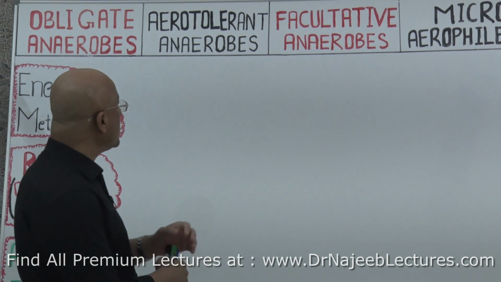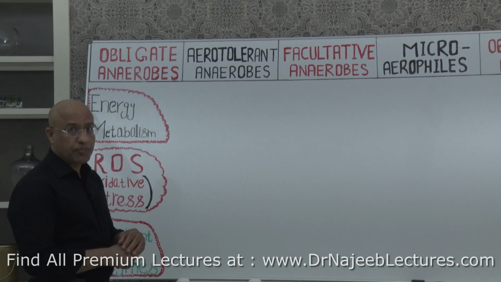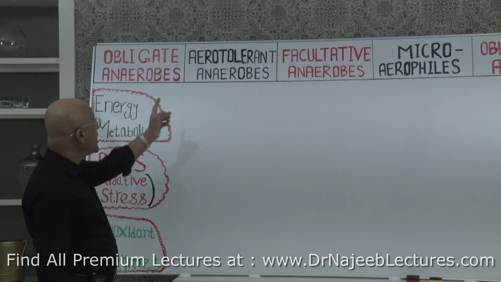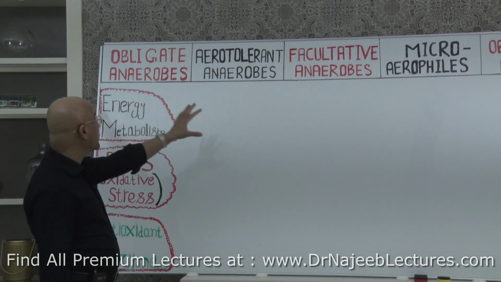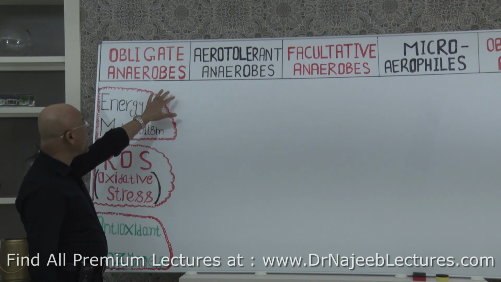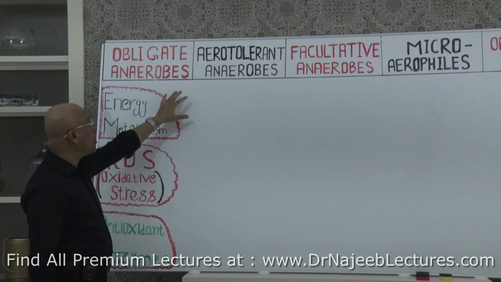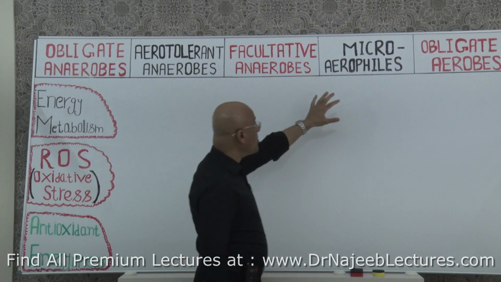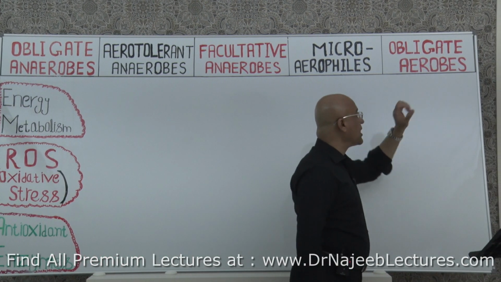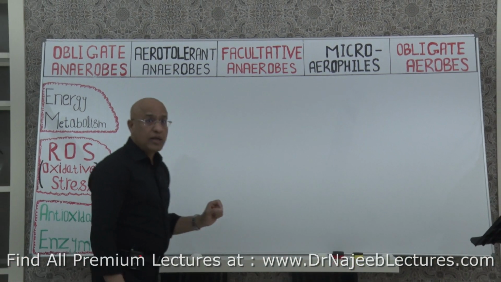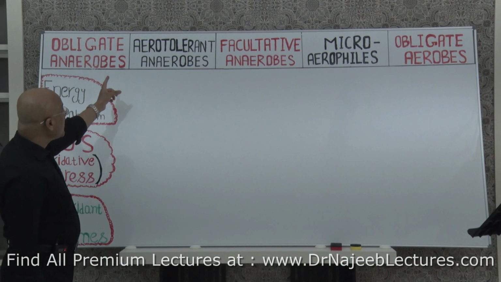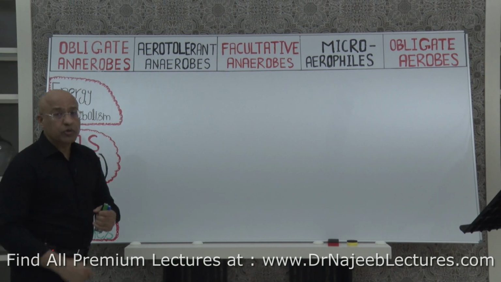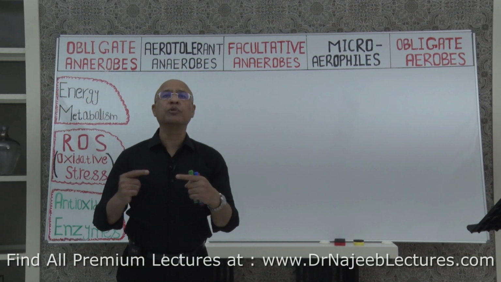According to that relationship, bacteria can be subdivided into groups: obligate anaerobes, aerotolerant anaerobes, facultative anaerobes, microaerophiles and obligate aerobes. So bacteria are subclassified into these 5 types according to their relationship with oxygen.